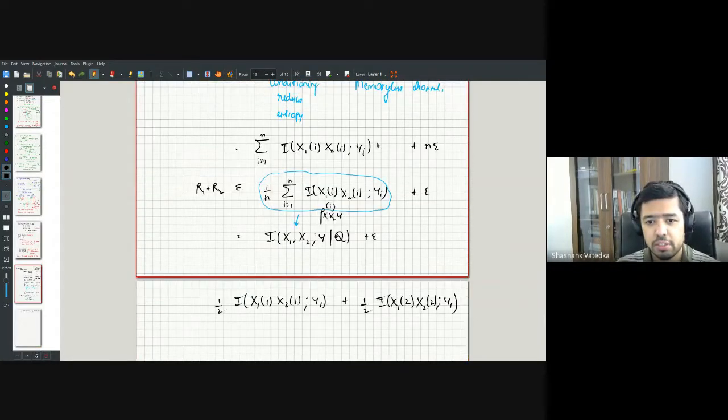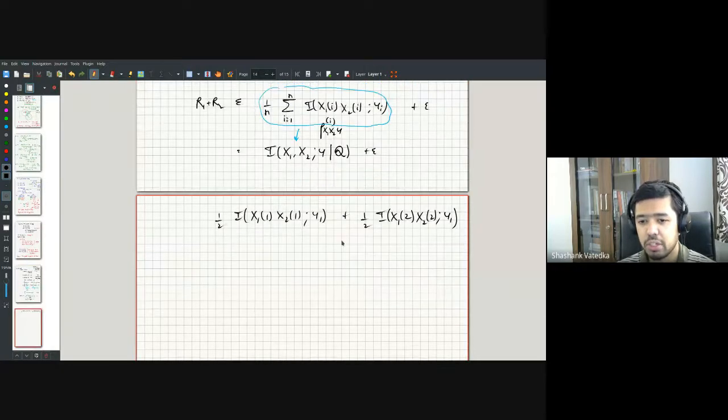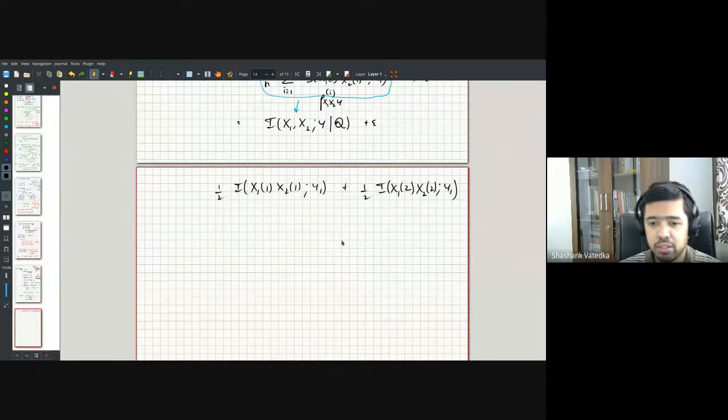This is basically the term over here, and I want to write this in terms of the mutual information involving a time-sharing random variable.